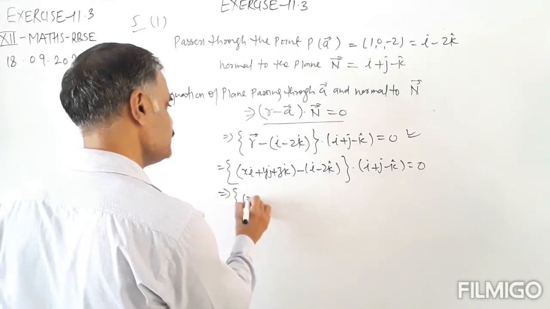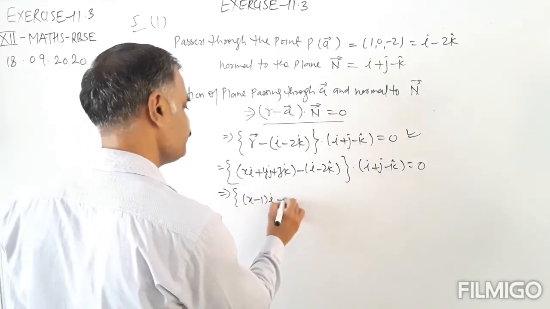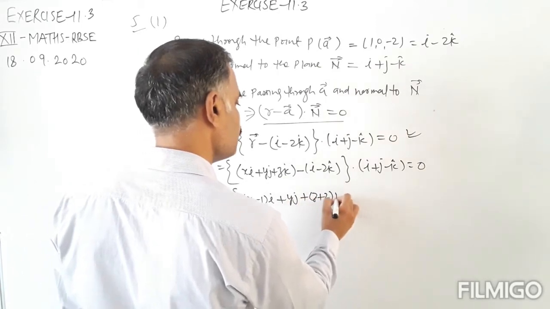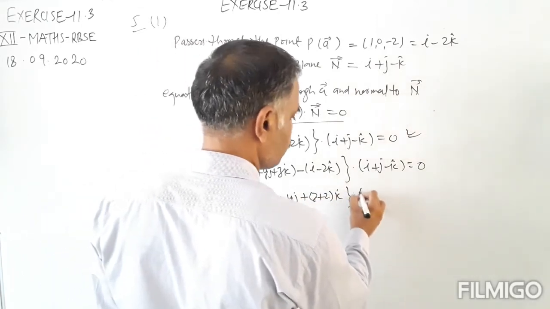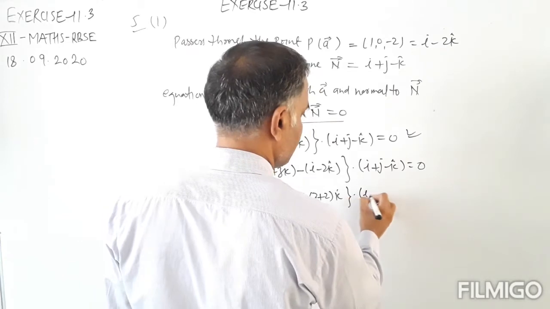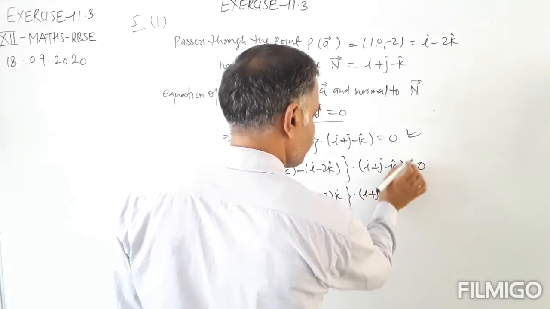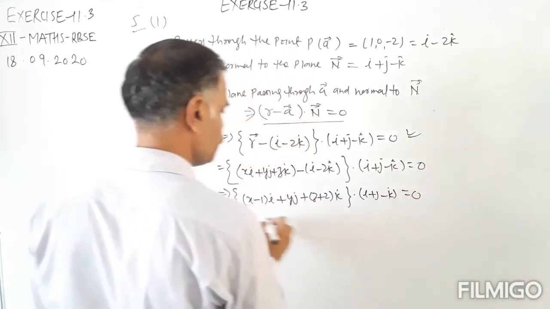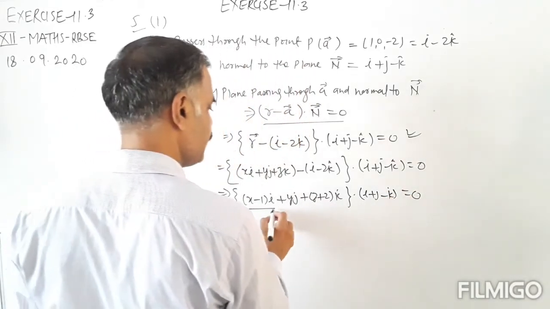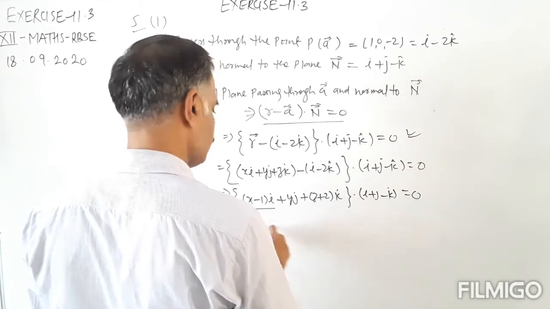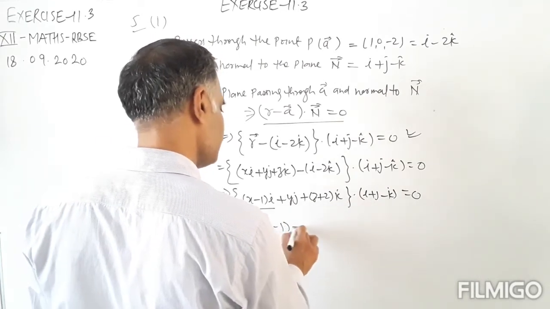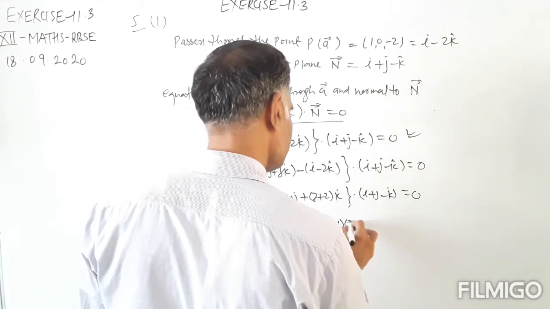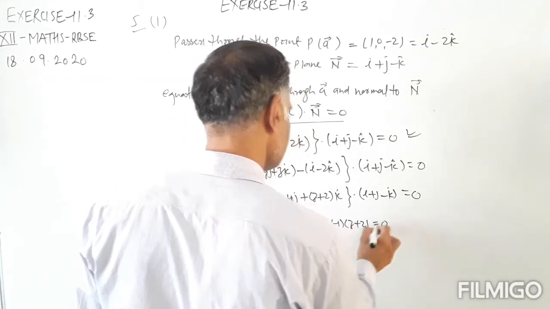So this is x minus 1 i cap plus y j cap plus z plus 2 k cap, dot product with i cap plus j cap minus k cap equals 0. So 1 into x minus 1 plus y into 1 plus minus 1 into z plus 2 equals 0.